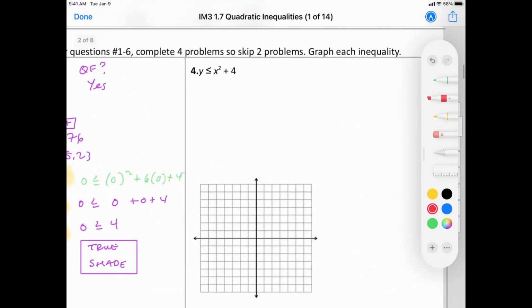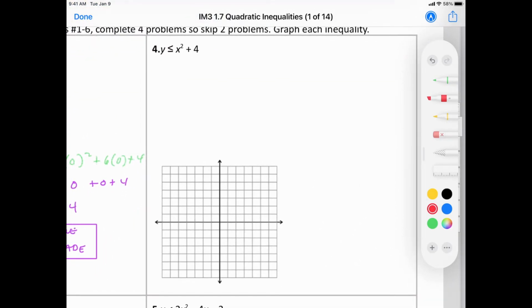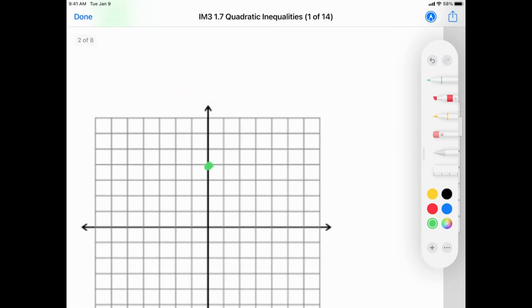So question number 4. Now, if you basically think about what we did in the last problem, this is my y-intercept. You're basically going to have the same thing here. A is 1, so it's positive and it opens up. This textbook did not teach you guys reference points, but if this was the origin, the green dot, it would go right 1, up 1, right 2, up 2.